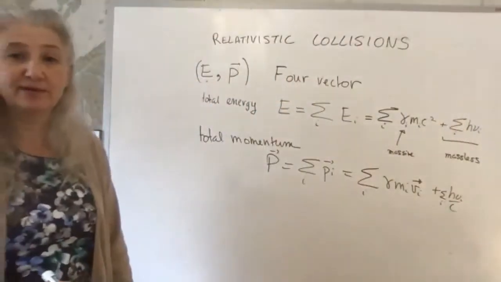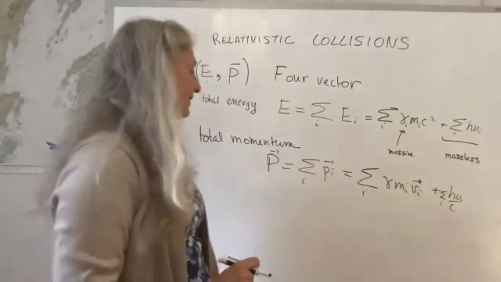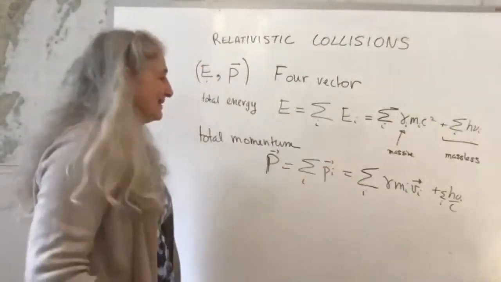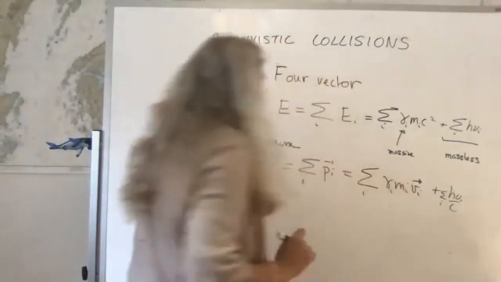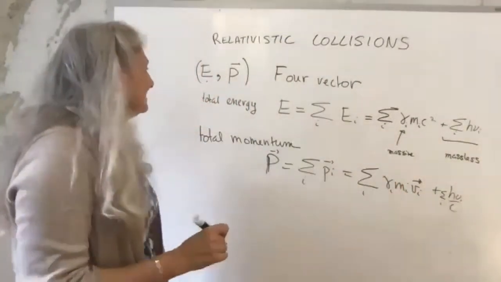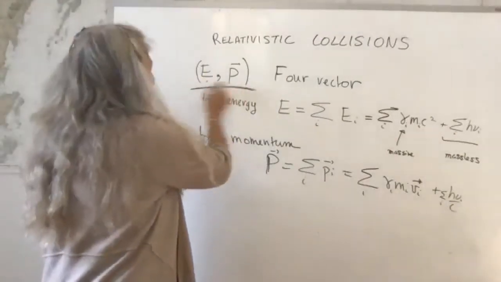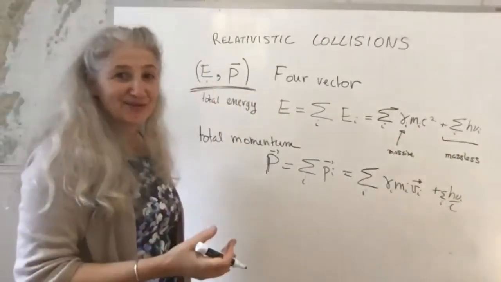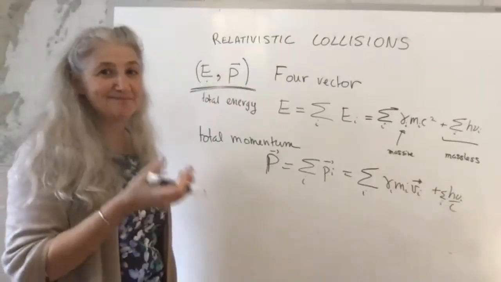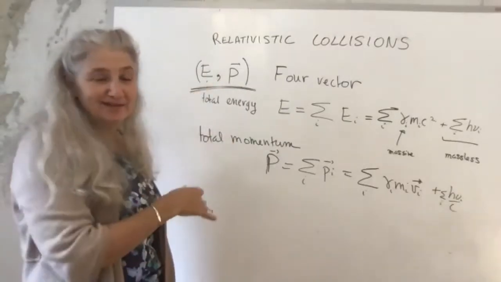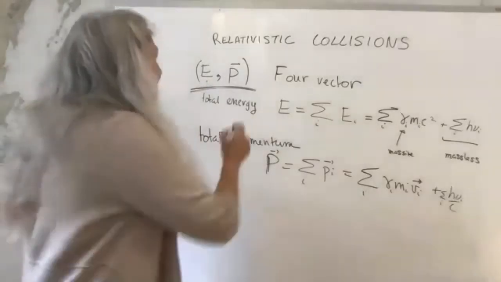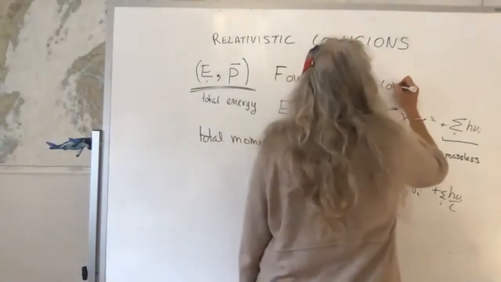We had a formula for momenta of photons. So you can see how you can add these all up. The Lorentz factors are for each specific particle. And the sum of this 4-vector is conserved. So you get the same total momentum as a vector before and after the collision, and the same total energy before and after the collision. So this is conserved.